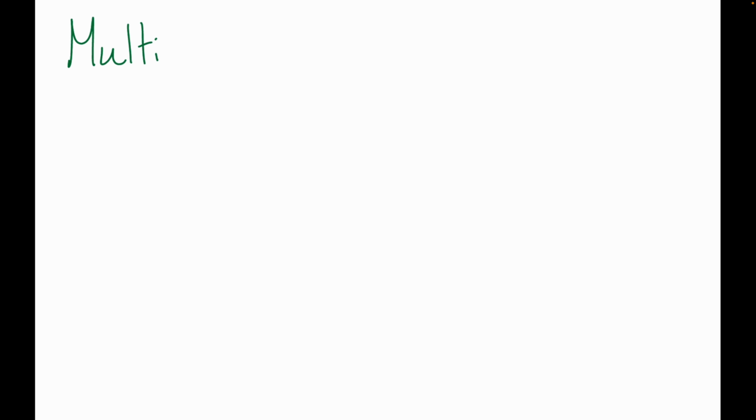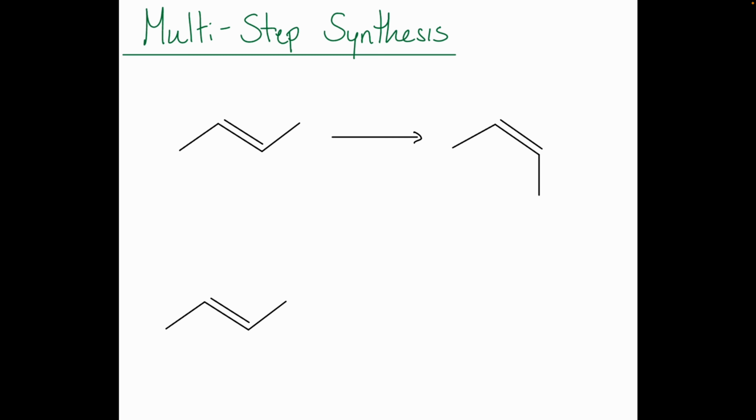How can we convert our substrate into our product here? In our first example, our substrate is E-2-butene. How do we convert that to Z-2-butene? Or let's take our E-2-butene and convert it into a ketone.